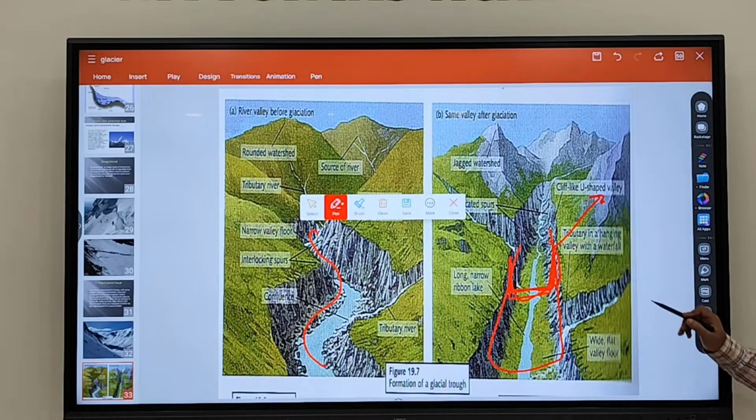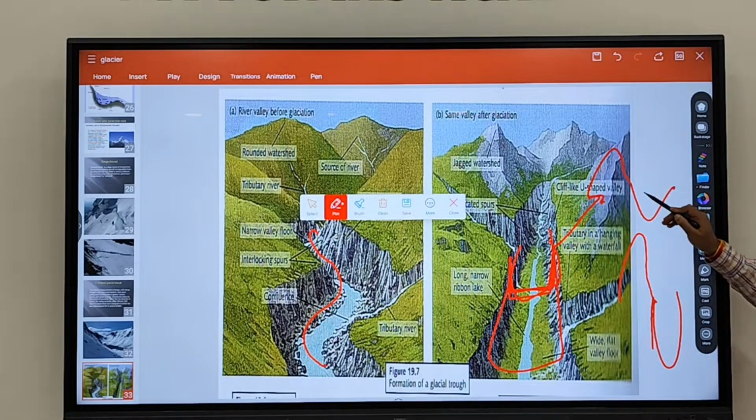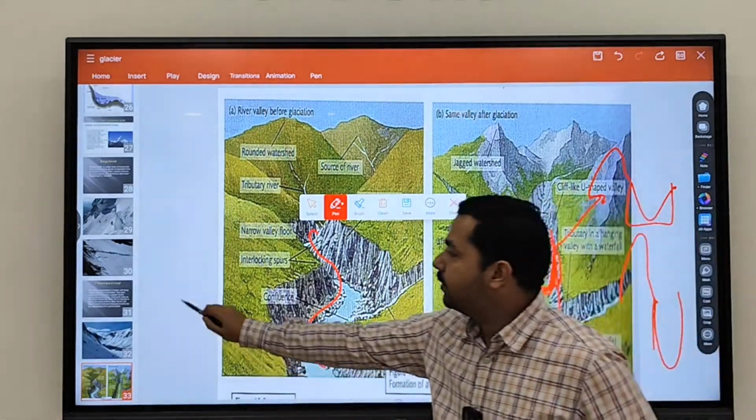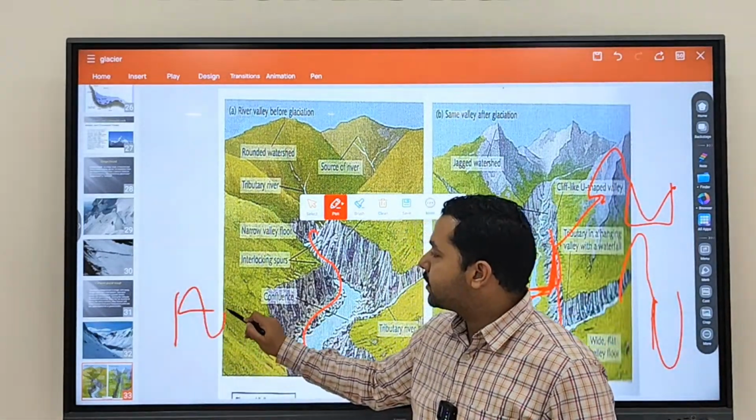Trough means what? Like crest, we discussed high point. Trough means low point. So trough is not going to be in V shape. It is going to be in which shape? U shape. Remember the wave we discussed? This is a crest part, this is nothing but the trough part.